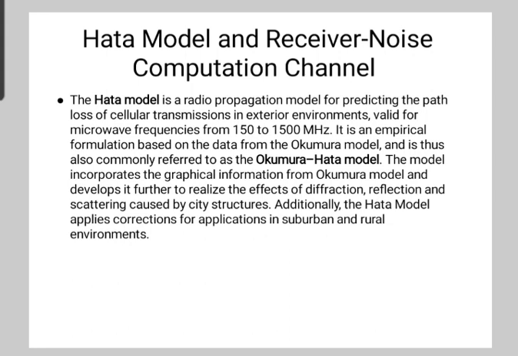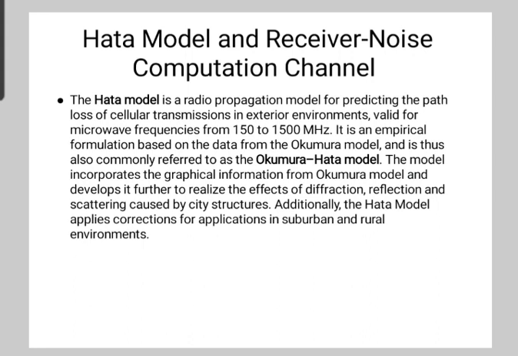So this model for the suburban area is also known as the Okumura-Hata model for being a developed version of the Okumura model. It is the most widely used model in radio frequency propagation for predicting the behavior of cellular transmission in the city outskirts and other rural areas. This model incorporates the graphical information from the Okumura model and develops it further to better suit the need.